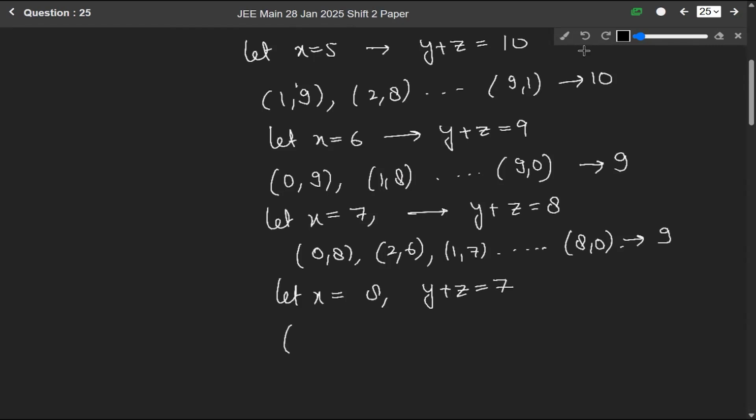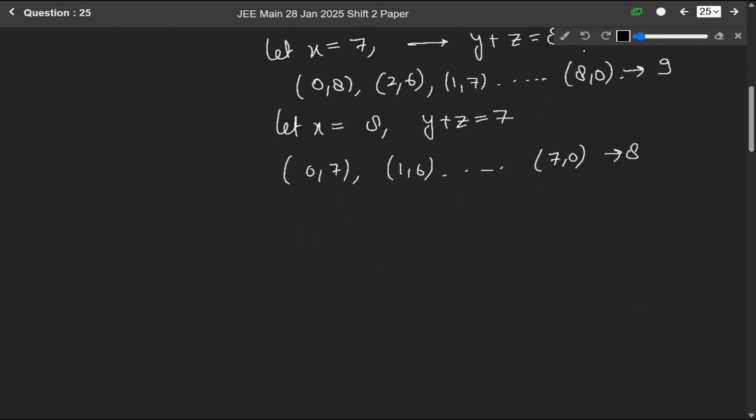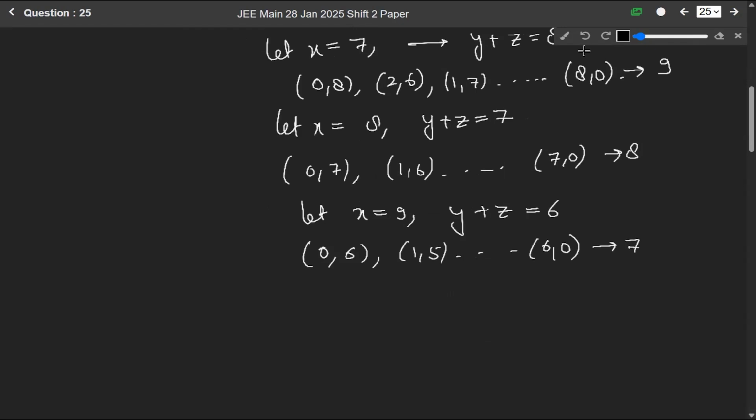So there will be 0,7; 1,6; and up to 7,0. So it means there are 8 possible ways. Okay. So when let x equal 9, at that time y plus z is equal to 6. So the possible ways will be 0,6; 1,5; up to 6,0, which means 7 possible ways. Okay.